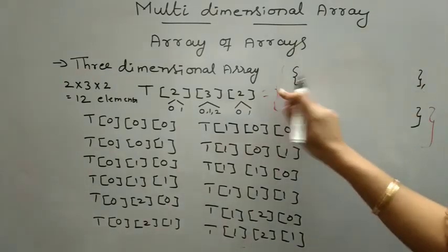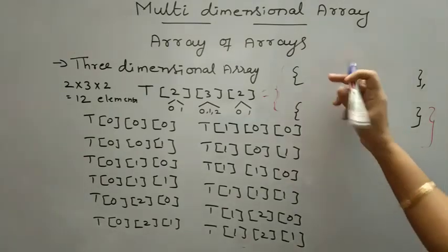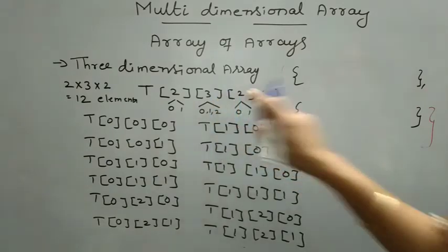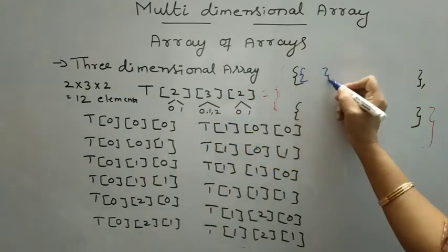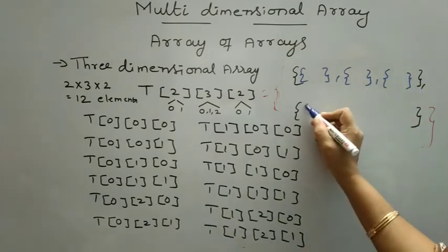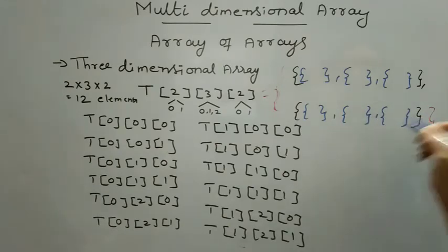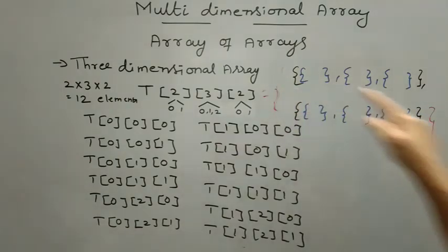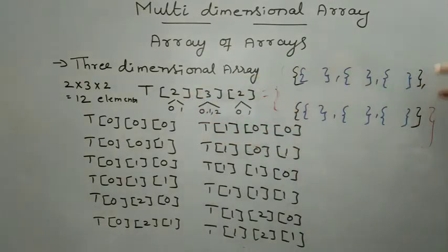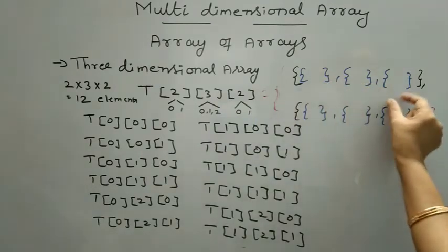Within this array we have 2 rows, and both of these rows contain 3 rows of 2 elements. So this array is initialized with 2 rows, and each row contains 3 rows of 2 elements.